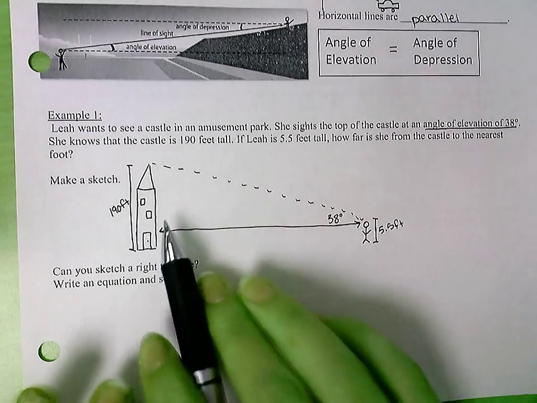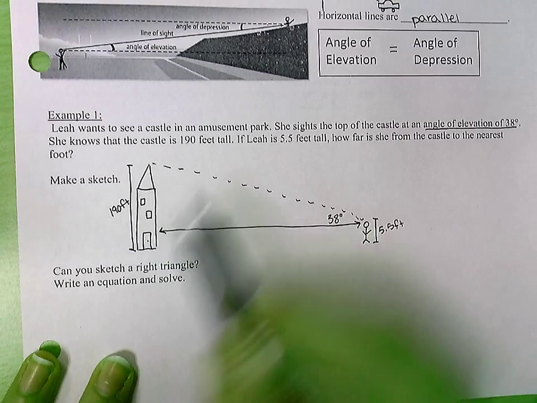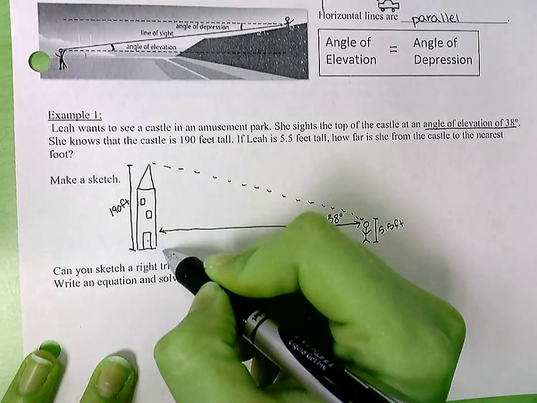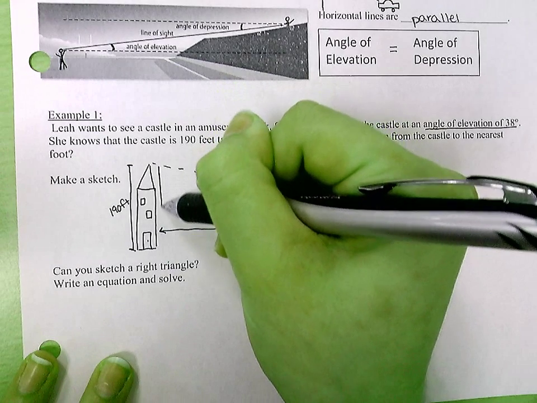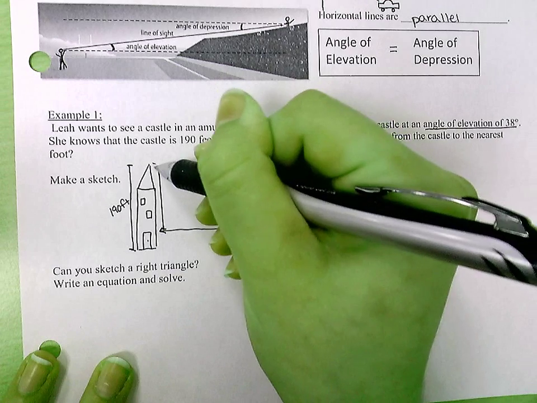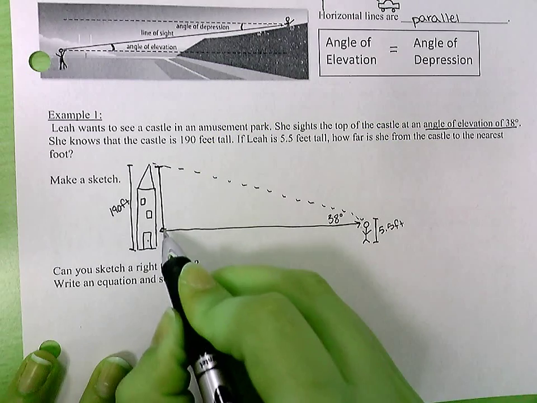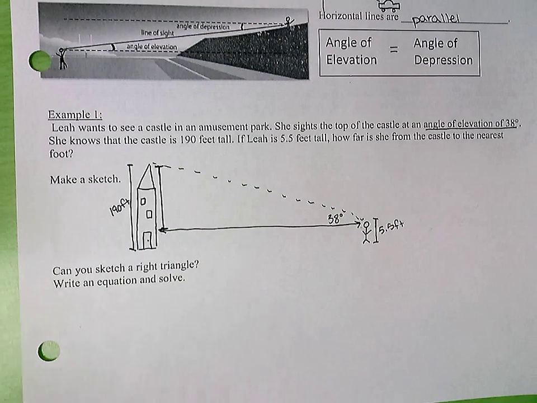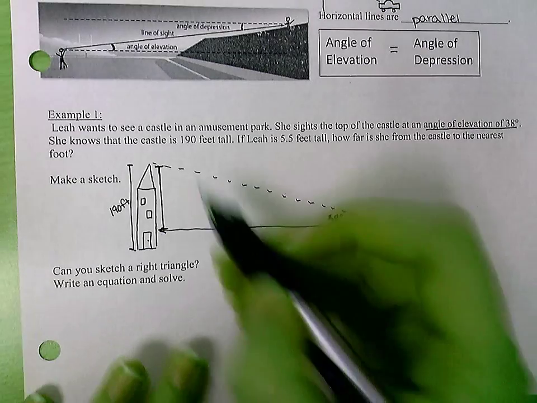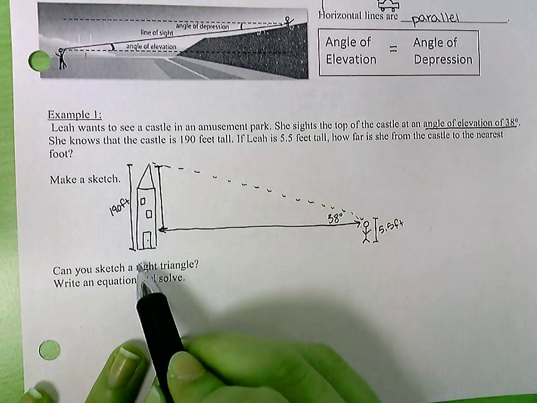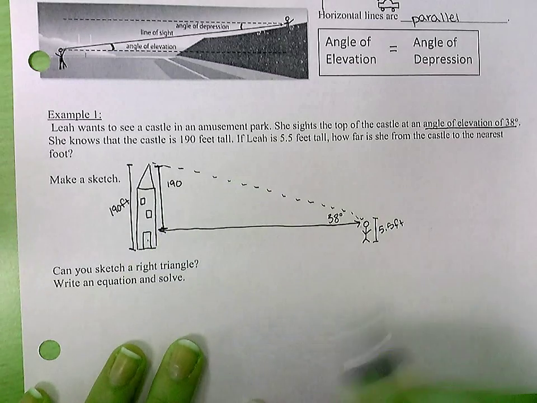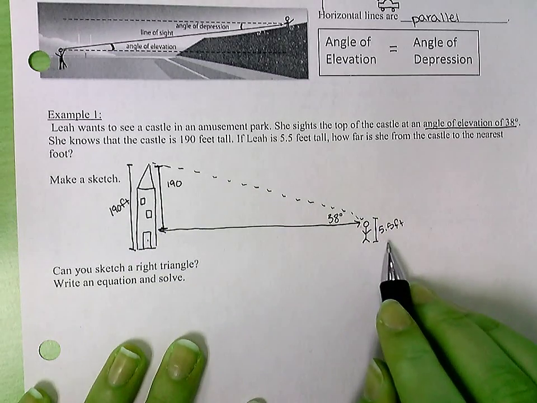Now, if I'm looking over at this castle, this horizontal line doesn't extend all the way down, right? So how could I find this distance here, from the top to where Leah's eyesight hits if she were to look straight ahead? To find this length, you're going to take your castle height of 190 and subtract Leah's height from it.